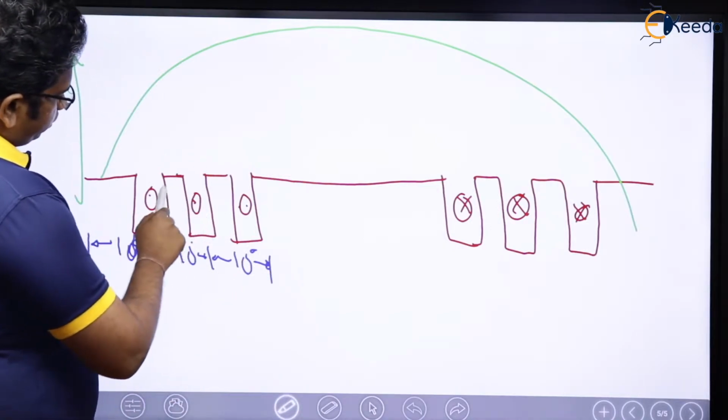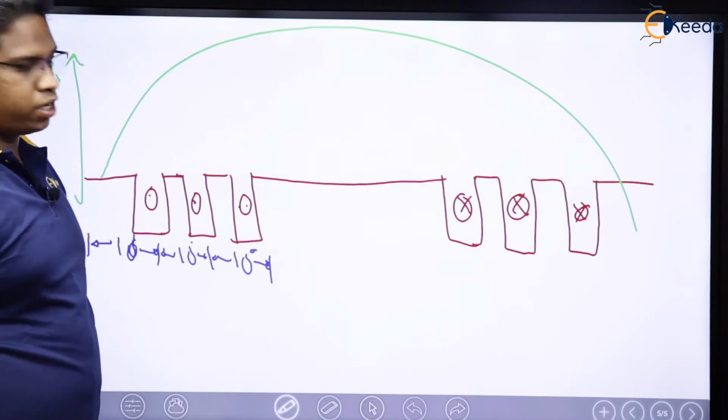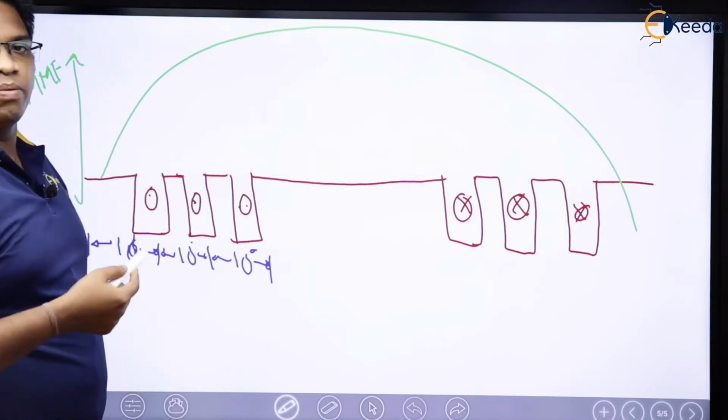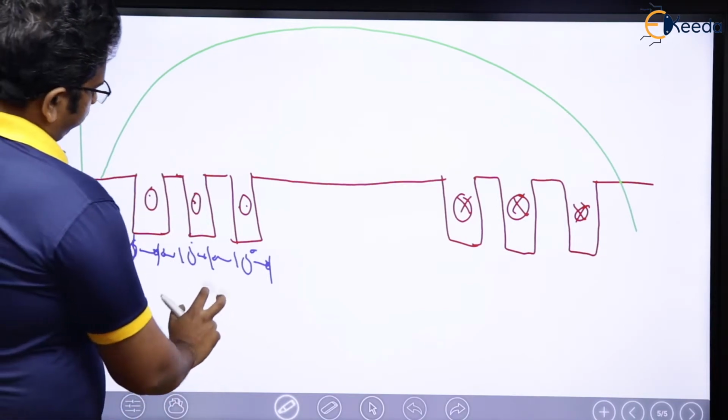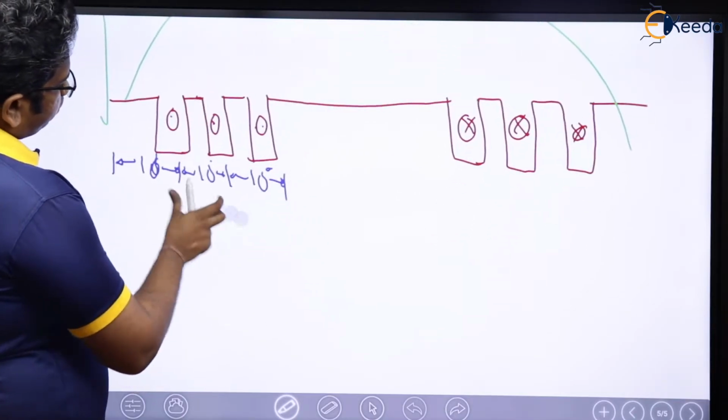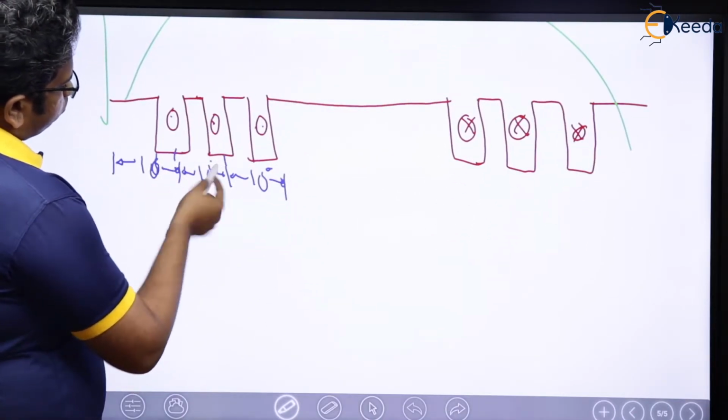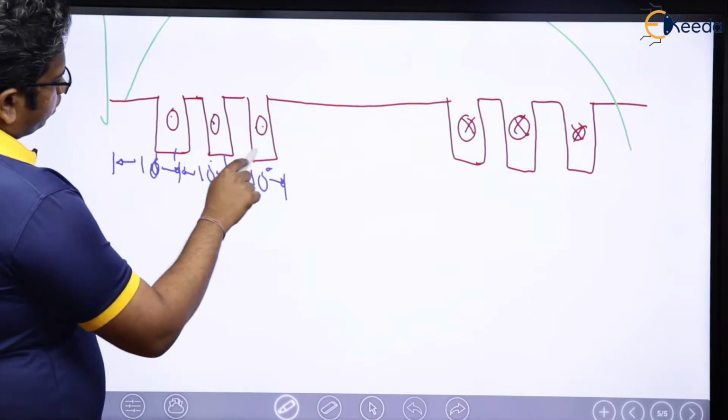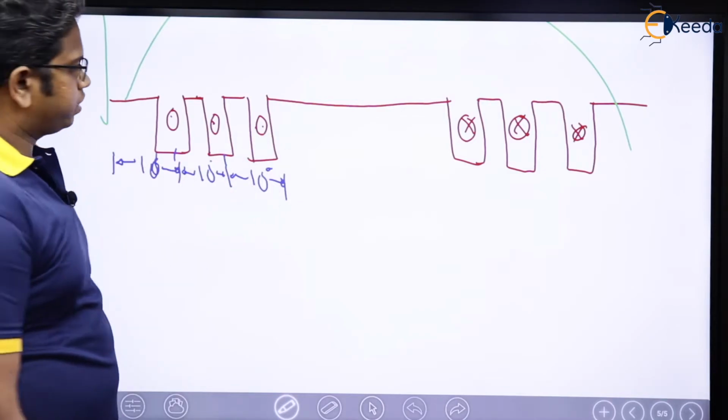Slot angle means the spatial angle between the slots. So for example, the distance between these slots is 10 degrees, 10 degrees, 10 degrees, let us consider.